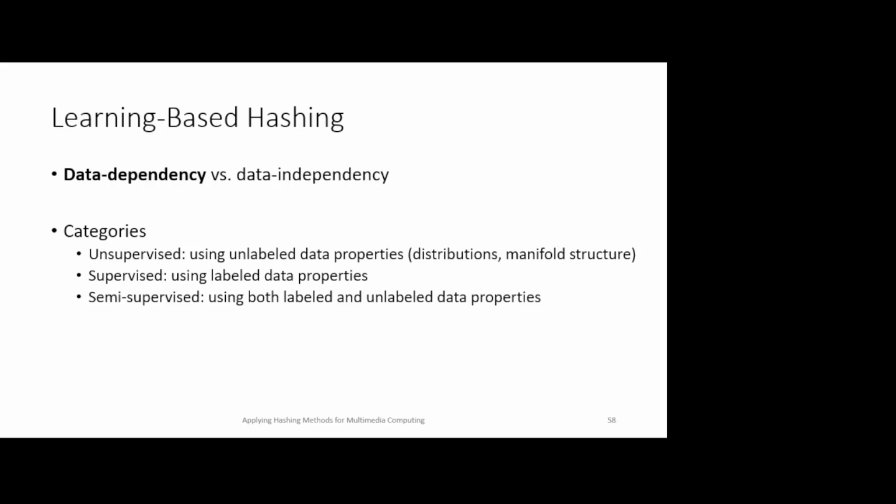First is unsupervised, so we use unlabeled data to do the learning. With unlabeled data we can use the data distribution or the manifold structure. The manifold structure means we try to use the neighbor information to learn it.